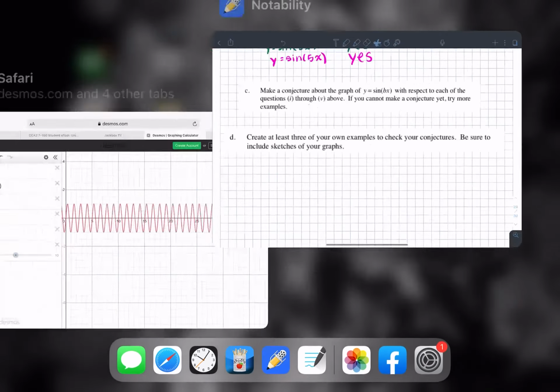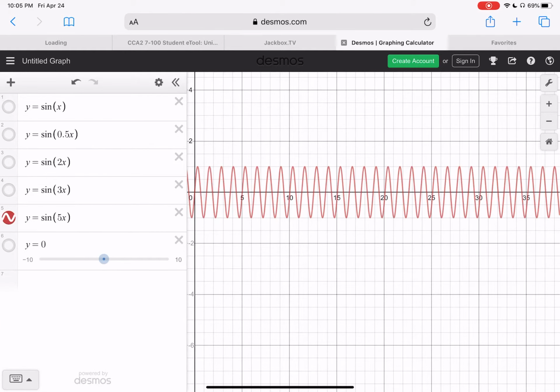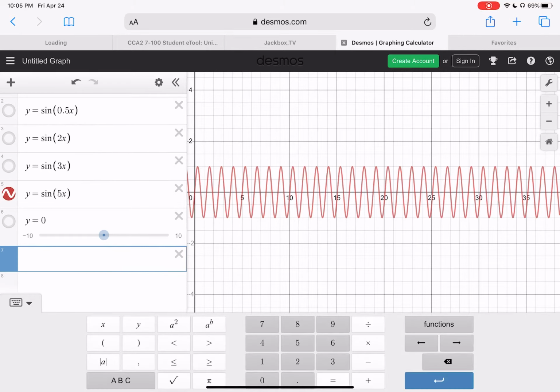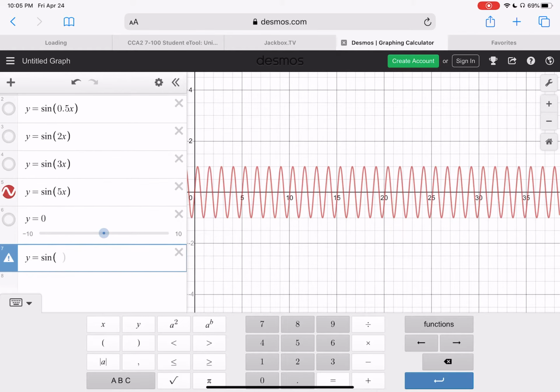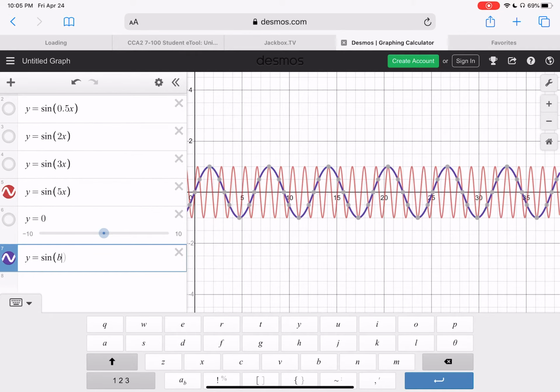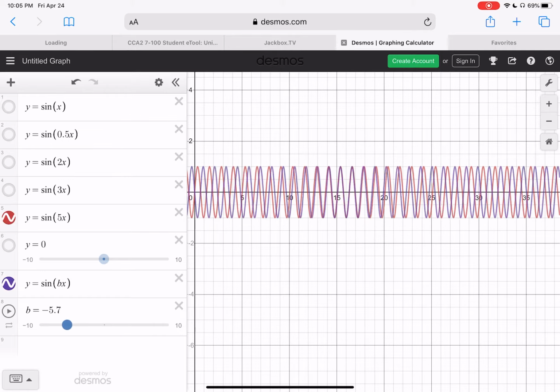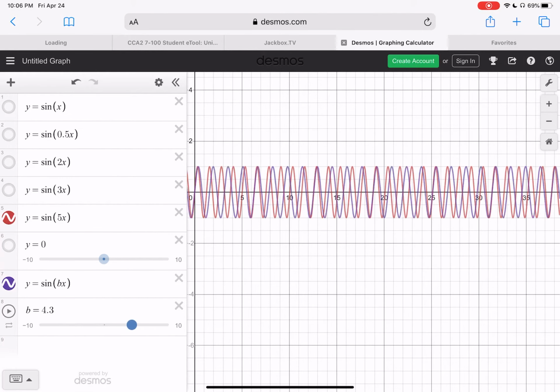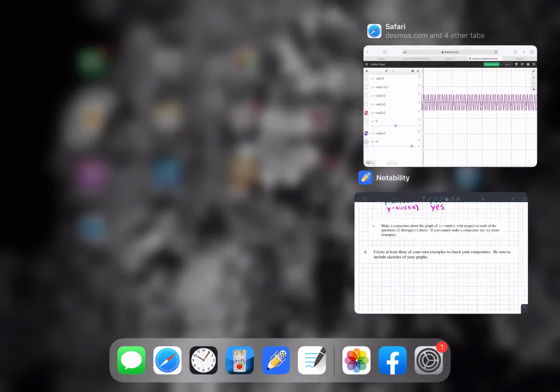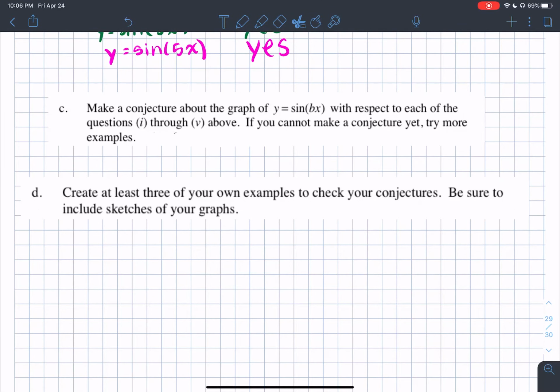So if you're having a hard time with your conjectures or with finding examples, you can always write in y equals sine of bx and click add a slider for b and move it around to find different values of b to check that conjecture. For parts C and D, I will not be giving you the answers because this is something you'll be doing on your own, but that's a good tip for if you're having a hard time.